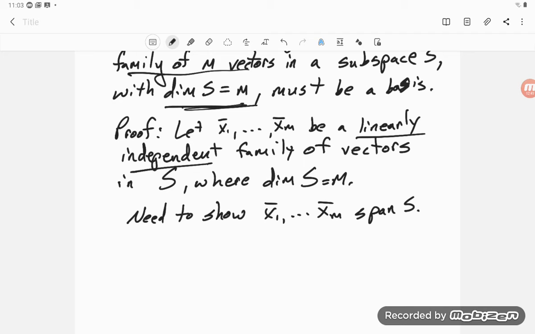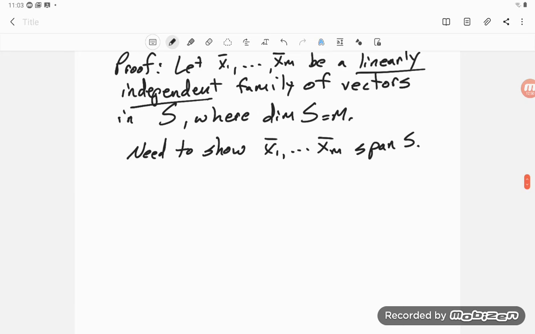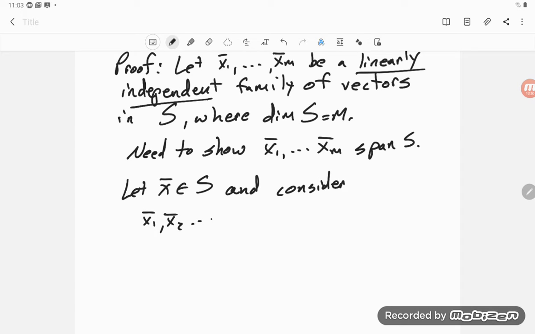And so they say, well, let's consider the following family of vectors. So they'll take some general x, let x be in S, and consider x1, x2, up to xm, and then toss on x.